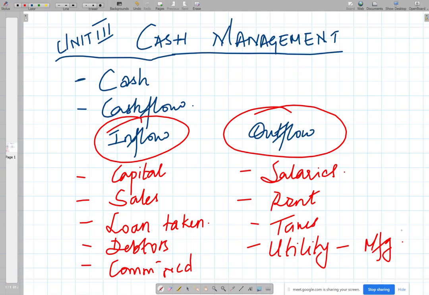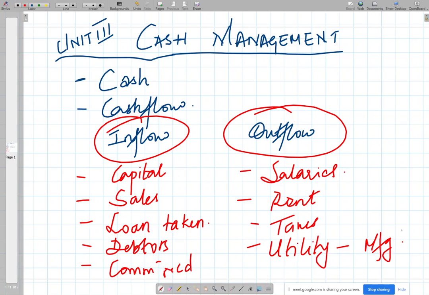So that is what we mean by cash itself, and the manner in which cash moves in and out of the business. This whole cash flow concept is important, because if we want to learn how to manage cash, we first need to know where the cash comes from and how the cash goes out, right?